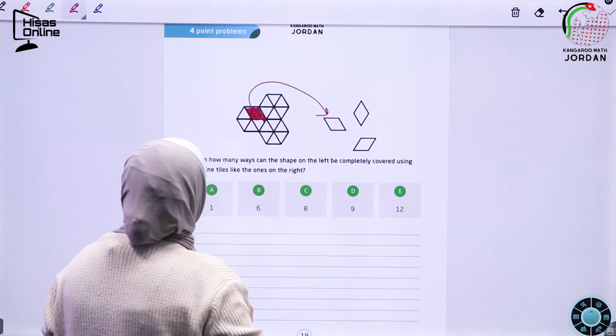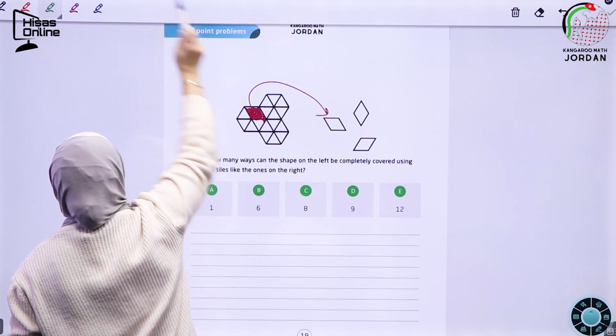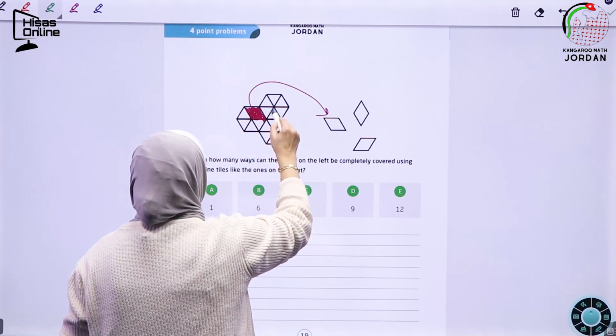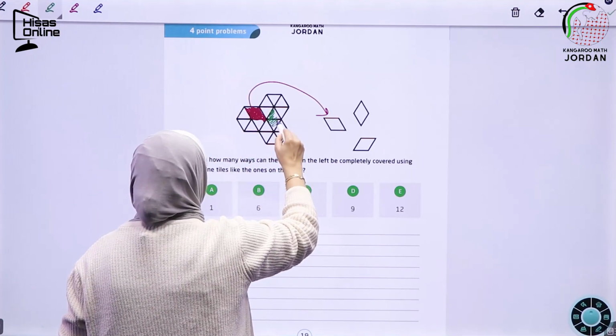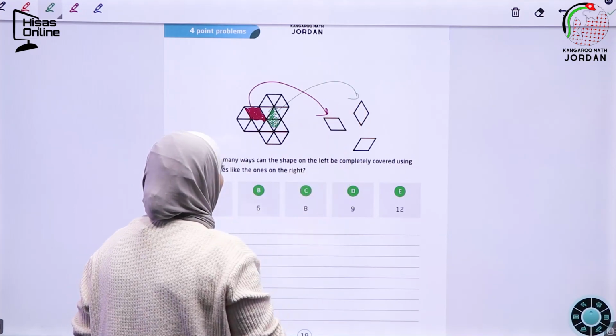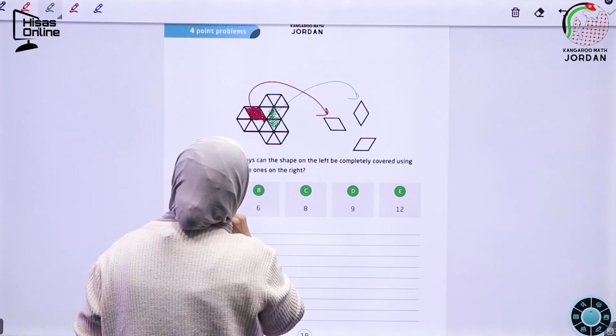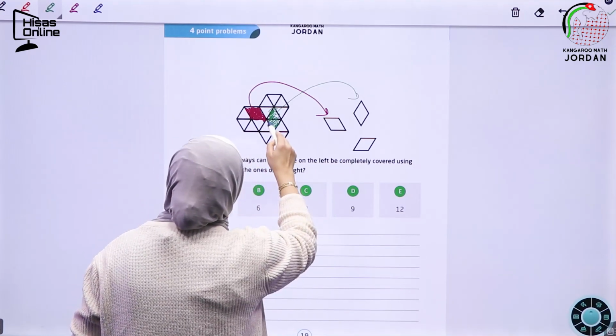And I also can say this one here. And also this one can be in another way here.